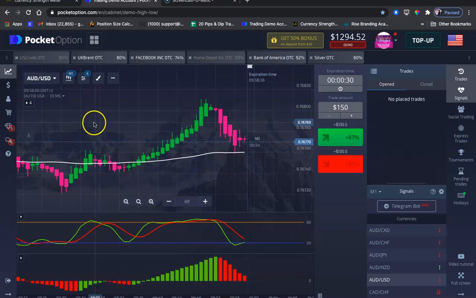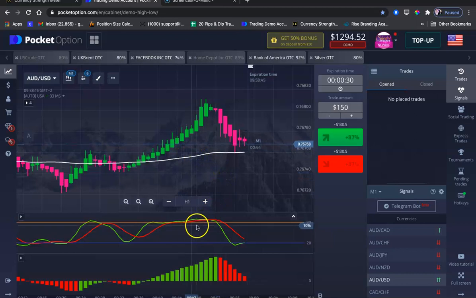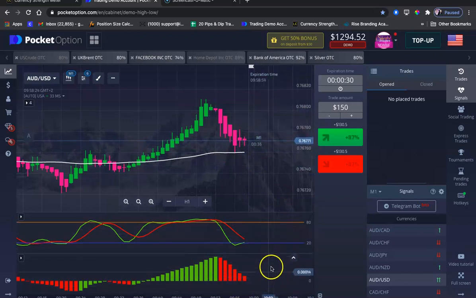Okay, so I like the 1 minute time frame. I do have a couple indicators on here: a moving average indicator, a stochastic and an awesome oscillator. These are just a couple things that I use to confirm what I believe is going to happen.